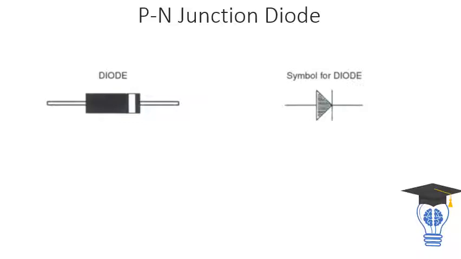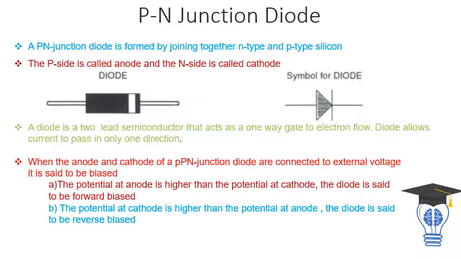The p-type can be connected with an aluminum lead and called the anode, and the n-type is connected with an aluminum lead, which is called the cathode. A diode is a two-terminal device which acts as a switch that opens in only one direction.